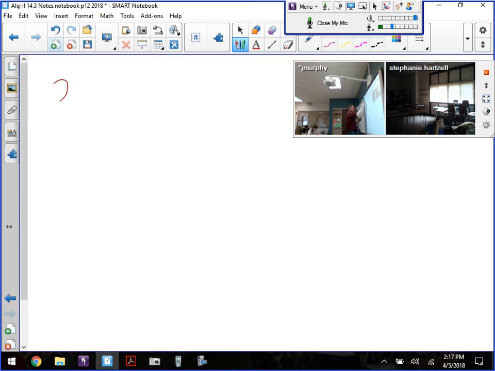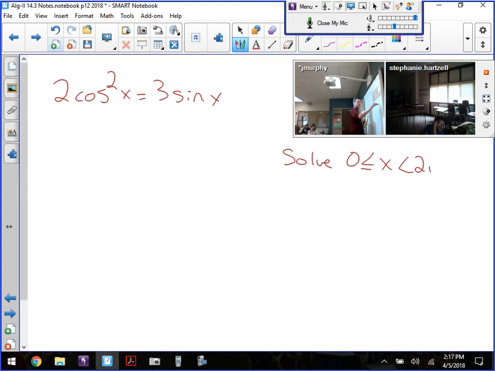What we're going to use a lot now is going into this. And today when we talk about solving on the interval between where x is between 0 and 2 pi, we're going to utilize these trig identities and some of the trig properties or Pythagorean identities in order to solve equations.